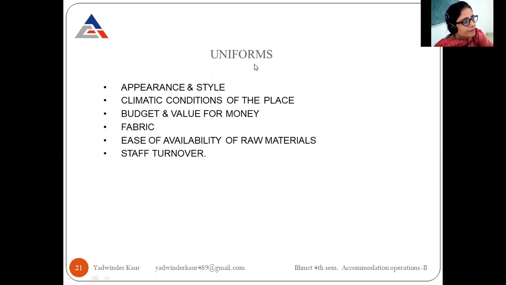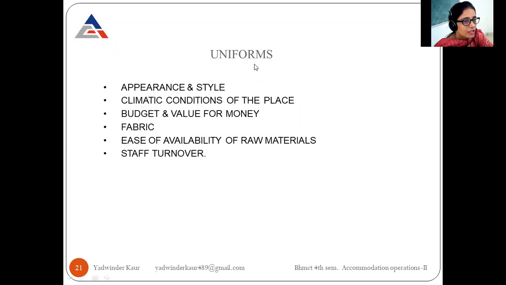If it is room service or restaurant, we design according to the restaurant persons, then maintenance persons and security, then we have the accounts department. So accordingly we have to decide the appearance and style for the guest or staff.